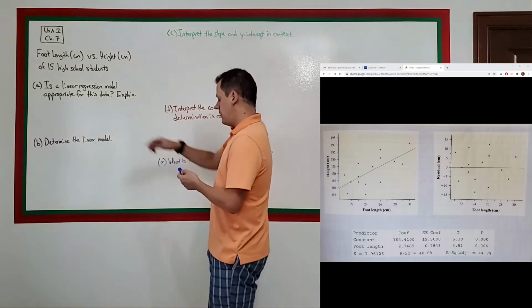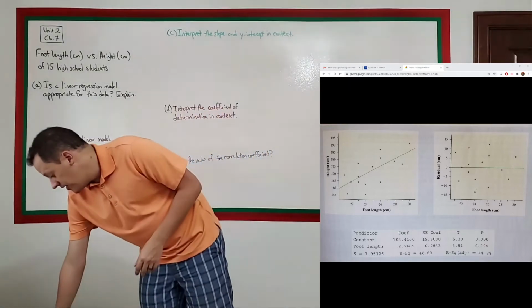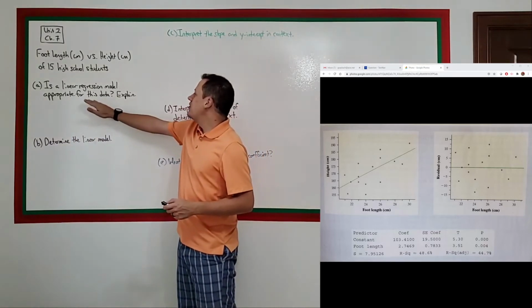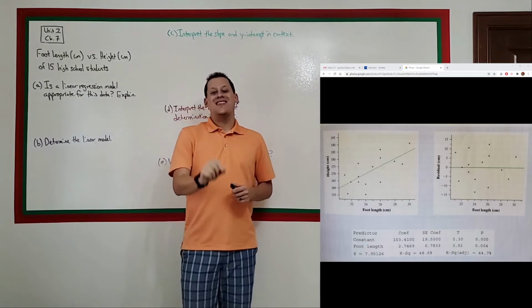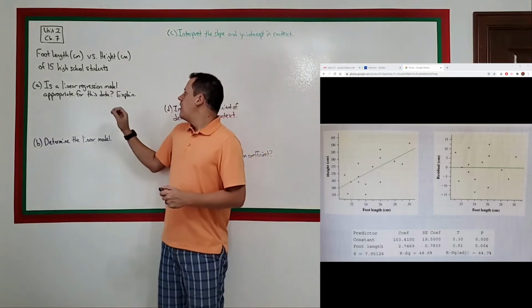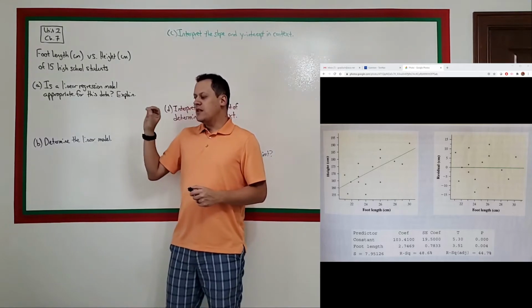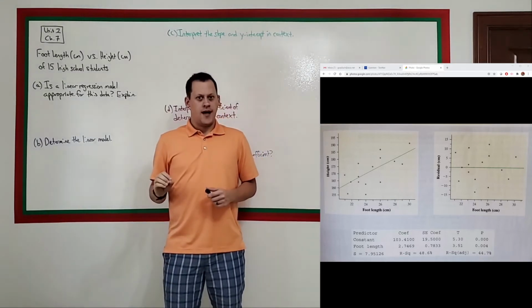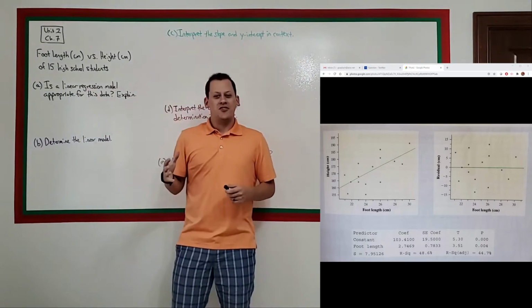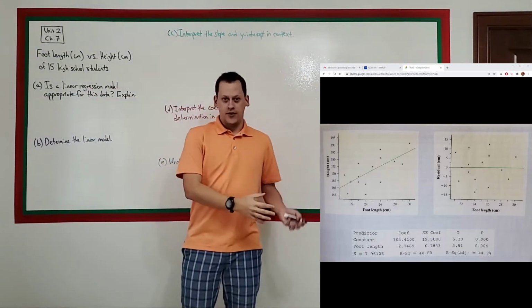But let's start here. Is this a linear regression model? Yes. Is a linear regression model appropriate for this data? Explain. It's a skill that you'll learn in this class, that when you see a question, you kind of have to know what it wants you to do.